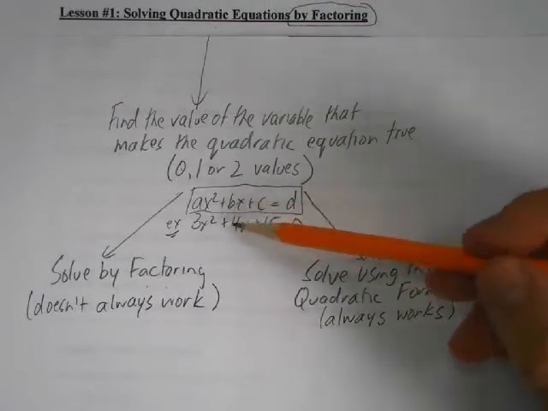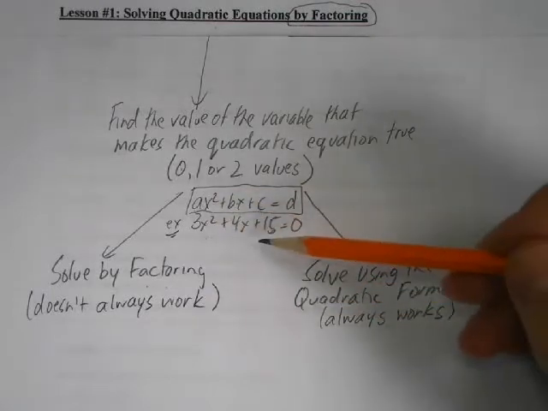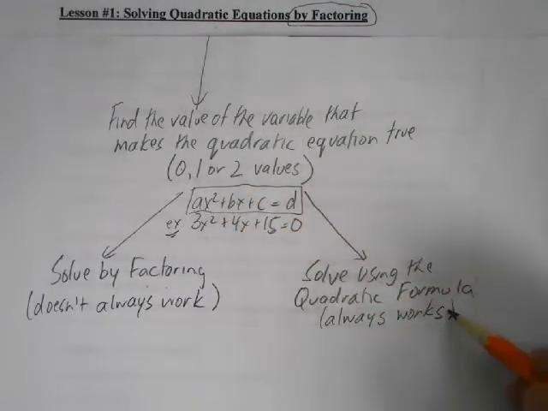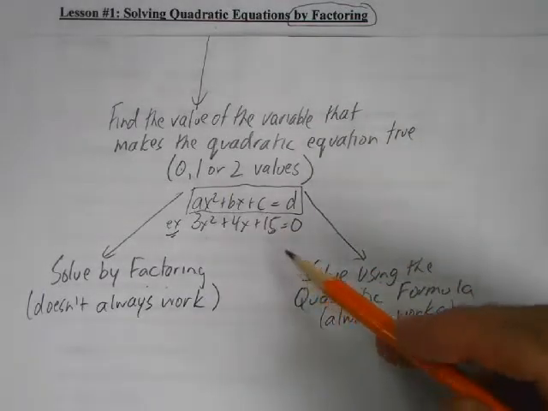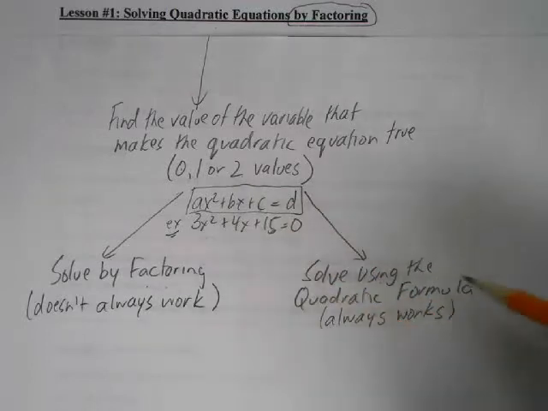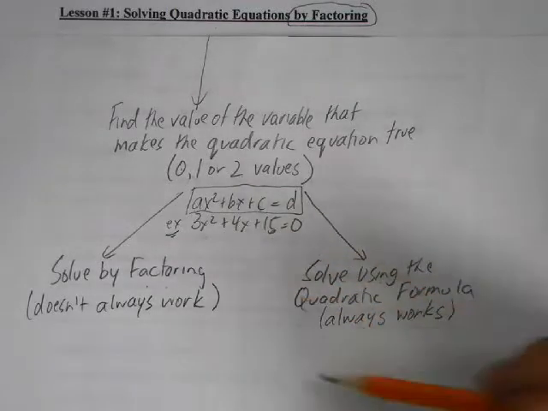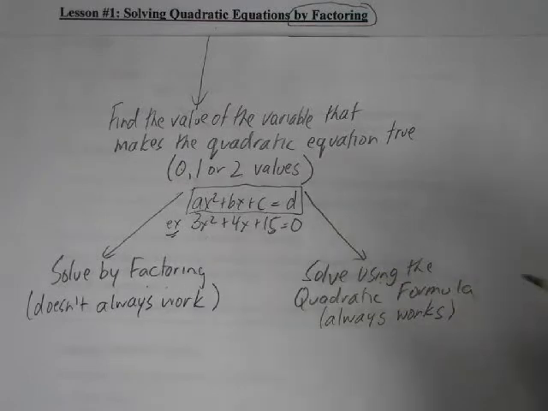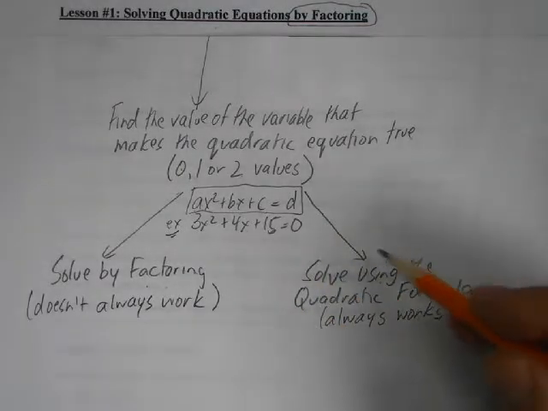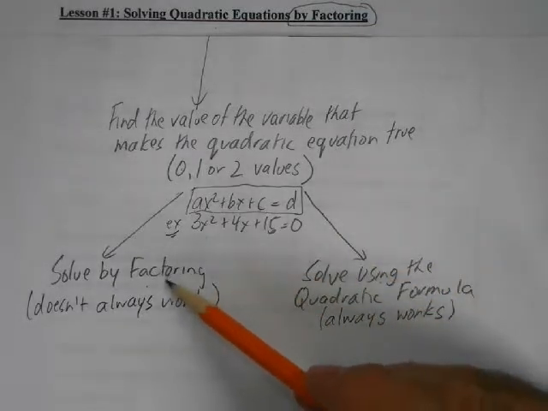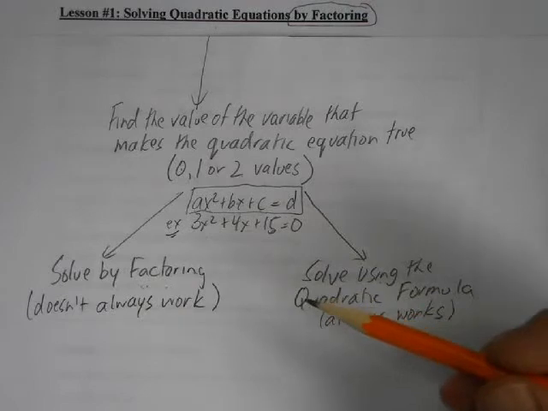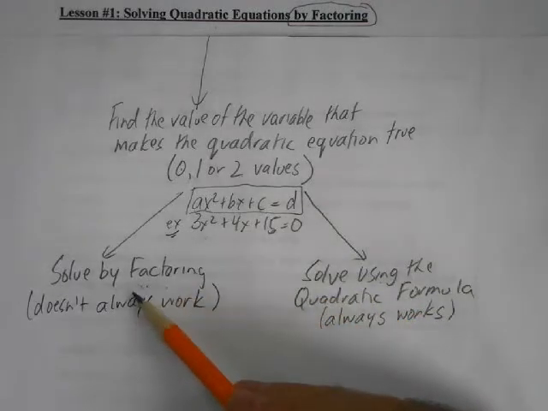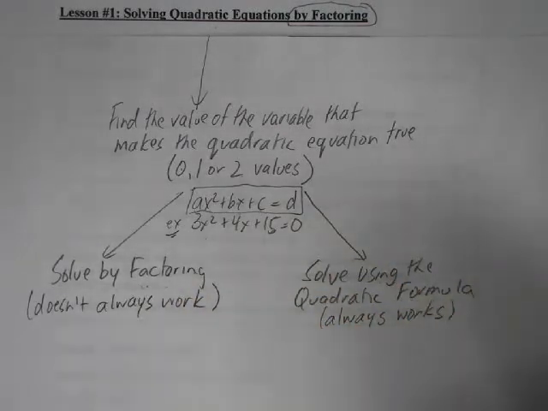If you actually know ahead of time that there's no possible value of x that makes this work, well, the quadratic formula will tell you that, or it will tell you here's the 1 solution, or here's the 2 solutions. So this always works, and the problem is it's a fairly complex formula. So if you can factor it very quickly and solve it that way, that's an advantage for time. But sometimes this works, whereas this always works.